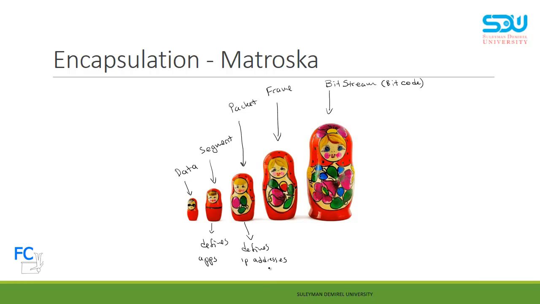It's like addresses of the networks and the addresses of the hosts. And the next matryoshka, when it becomes a frame, defines the MAC addresses. A MAC address is the physical address of the individual network interface card of your computer. And the bit code actually converts the bit stream into the bit code, so we'll discuss it a little bit later. For now, we'll just place it like this.